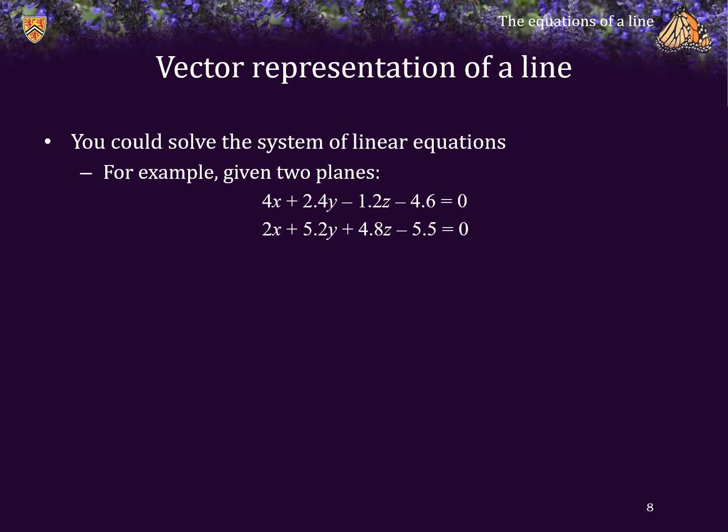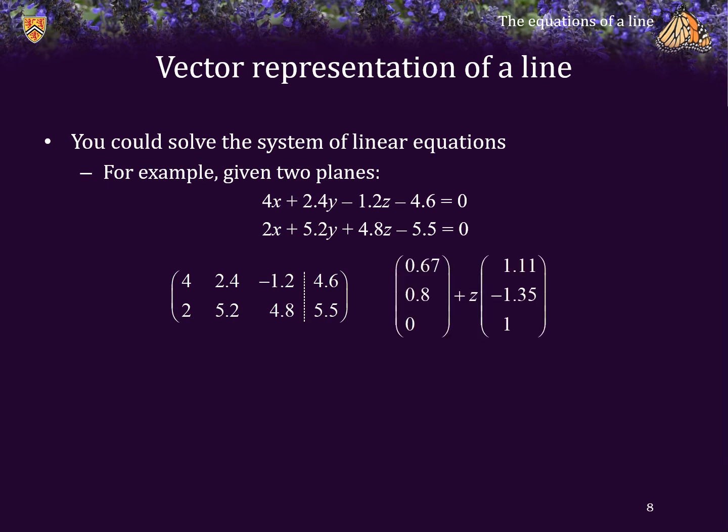So, for example, given the two planes defined by those two linear equations, we could write down the augmented matrix, convert that matrix into row echelon form, and then solve for the solution. Z would be the free variable, and so here we essentially have a vector plus Z times another vector.